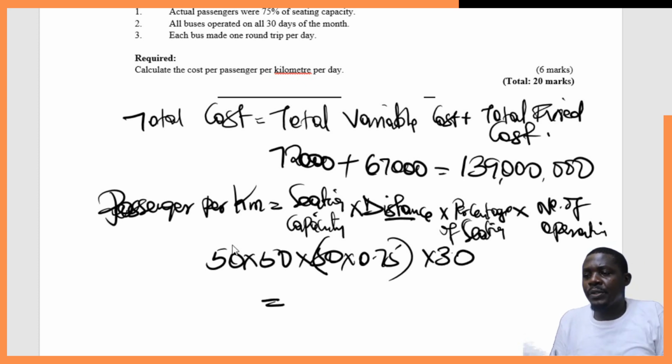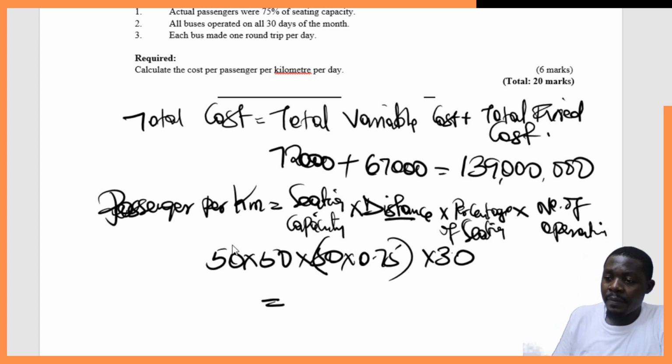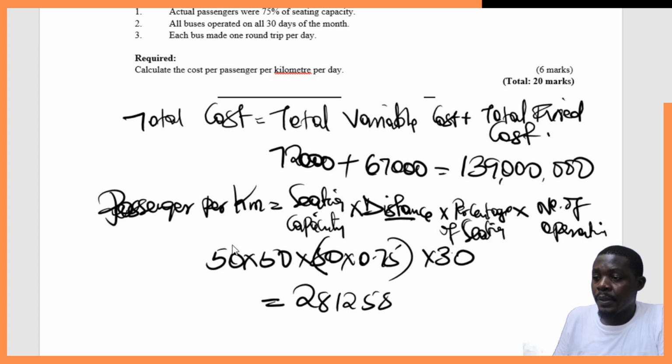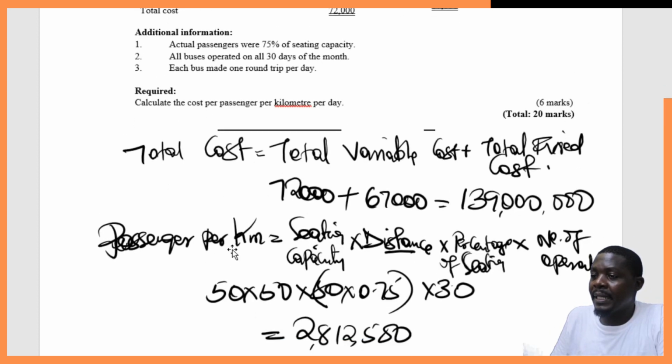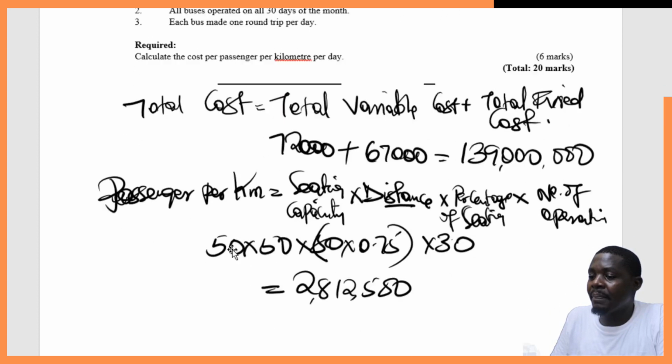When we multiply, we get something like 28,125,500.